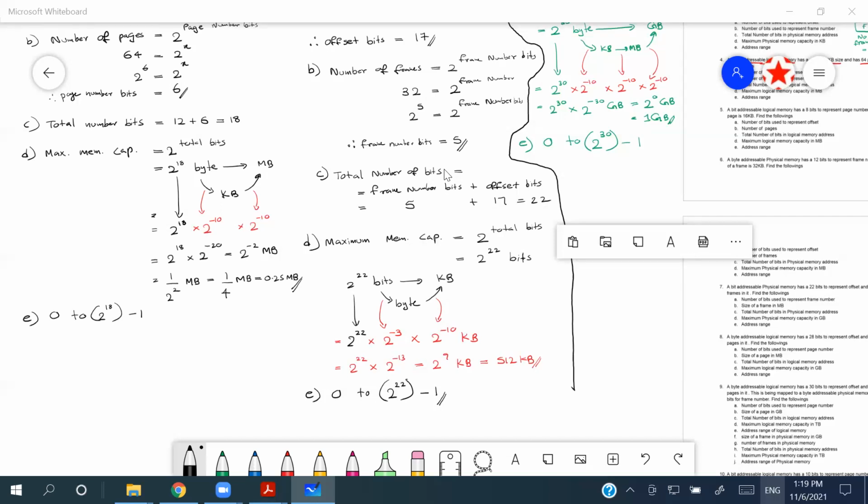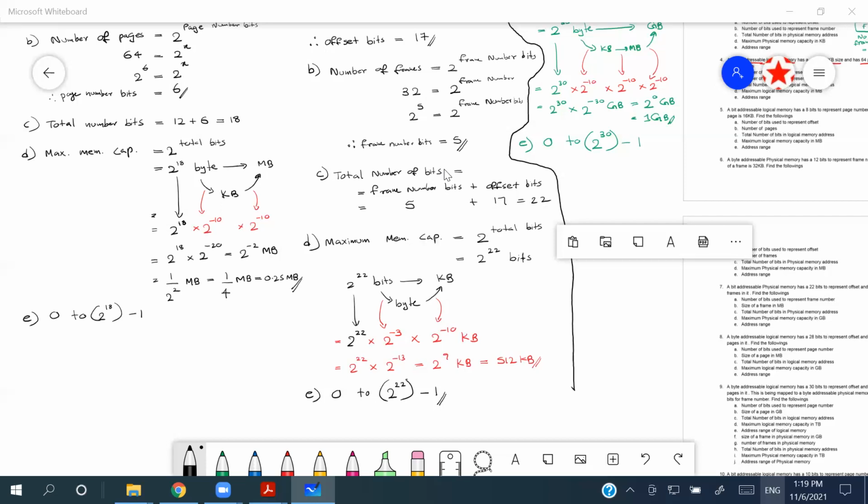A is correct. B, Duli, in B, they are asking number of pages, Dua. So that cannot be 8. It should be Dua 2 to the power 8. Right? And yes. Yeah, I think there is a little mixed up has happened there, Dua.